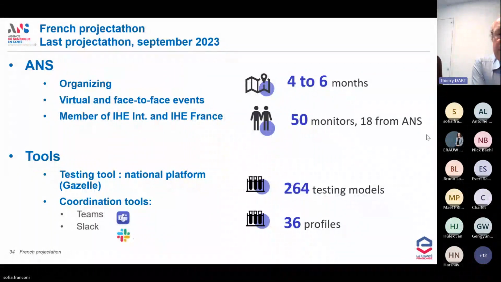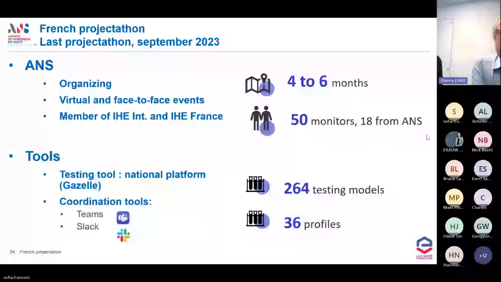There are many monitors, and there are also monitors from regional organization in France. So we have many monitors in the French projectathon. Why? The idea behind that is to help the vendors. I think projectathon also is a way for us to help the vendors.